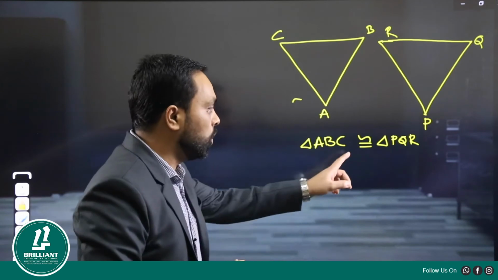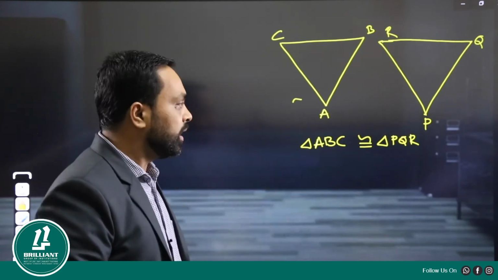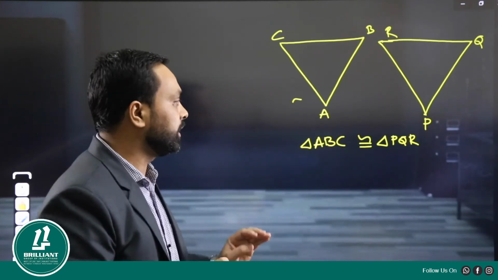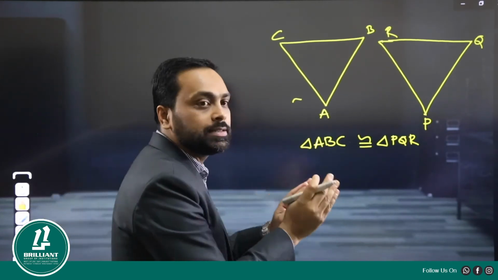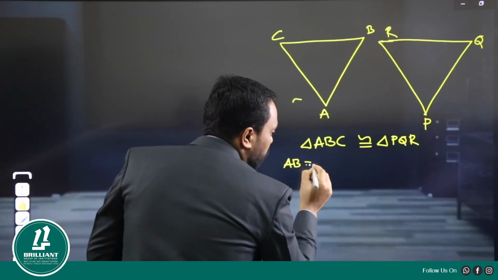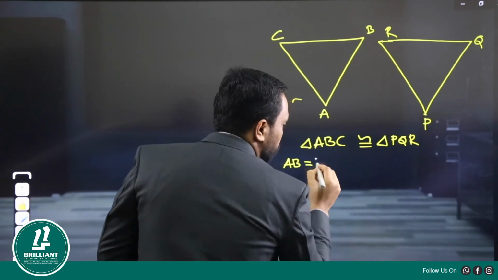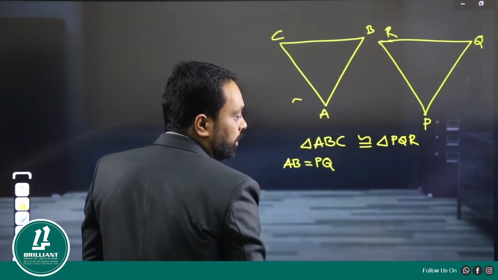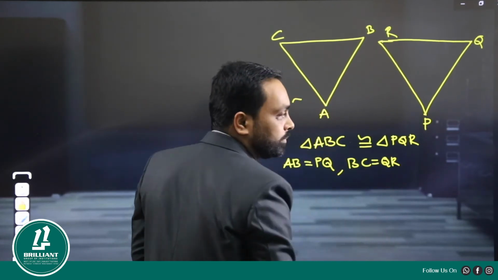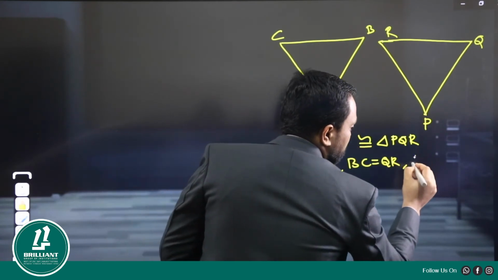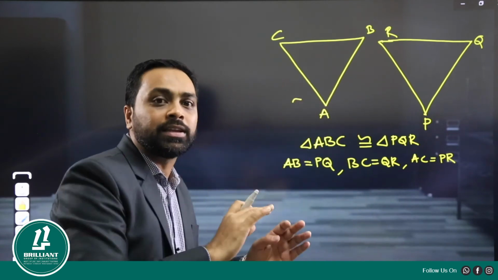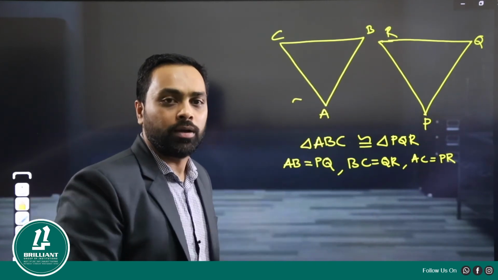Then we know that by the SSS criterion these two are congruent, so definitely each corresponding side is equal. Side AB is equal to side PQ, side BC is equal to QR, and side AC is equal to PR. So all three sides are equal.